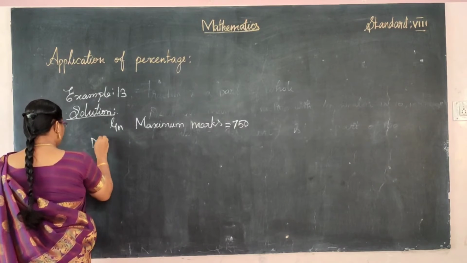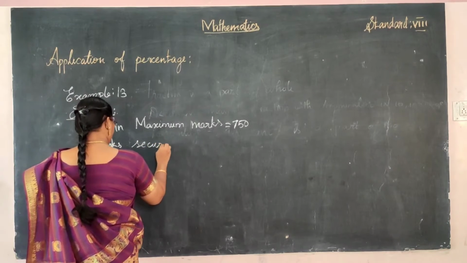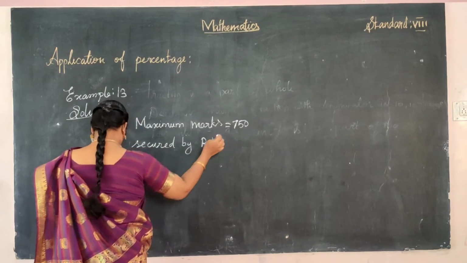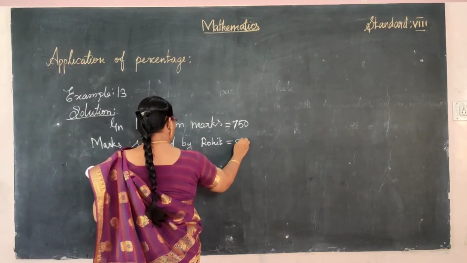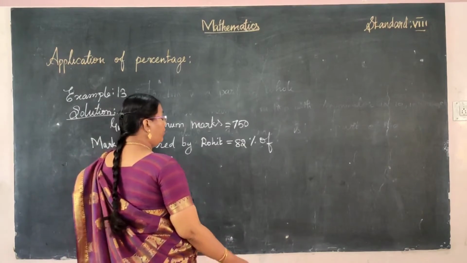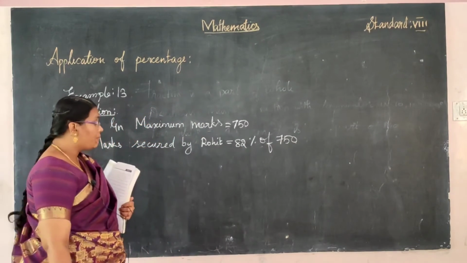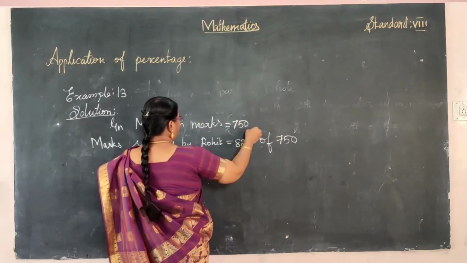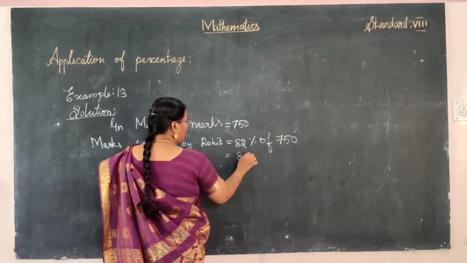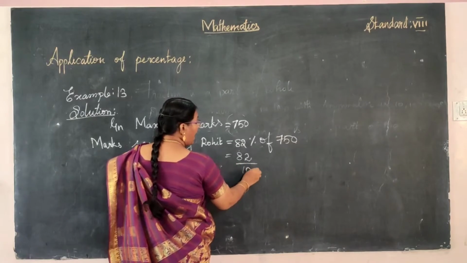Marks secured by Rohit is equal to 82 percentage of, out of 750. So here the percentage is 82 percent of the maximum mark, 750. How can you write 82 percentage? Percentage can be written as a fraction, 82 divided by 100.